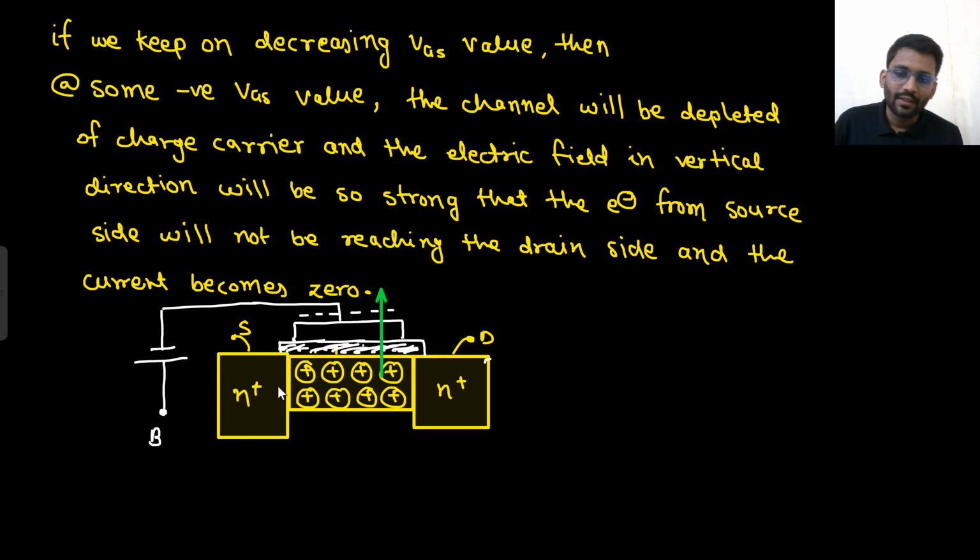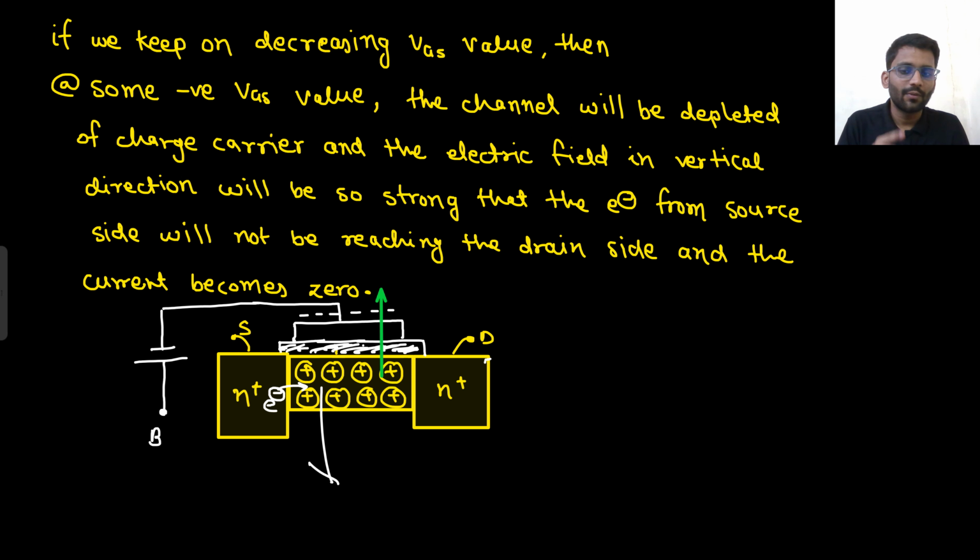Now what will happen? This source will try to supply electrons. What will the electron try to do? The electron will try to travel through the channel and go towards the drain. But there will be so much high electric field that just as it enters the channel, it will travel in this direction.